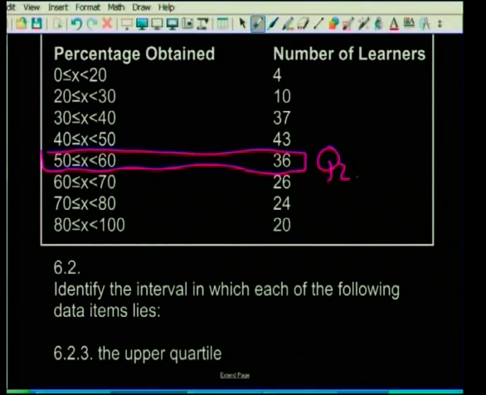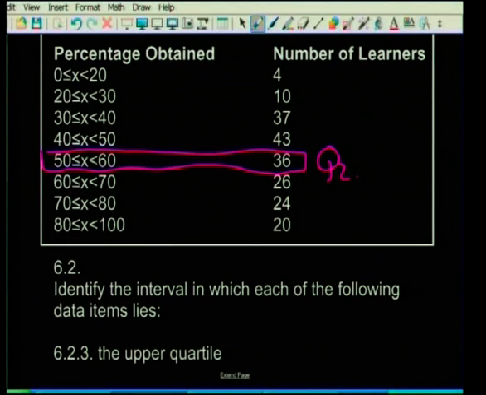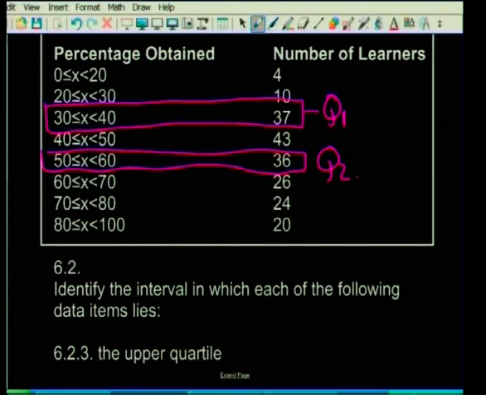Sorry, boys and girls, correction: the lower quartile is 25% of the data, but there are 200 students, so I'm looking for the 50th. Where does the 50th from the bottom lie? Up to here, there's 14, and then I add 37. So by the end of this group, which is 30 to 40, I've already looked at 51 learners.